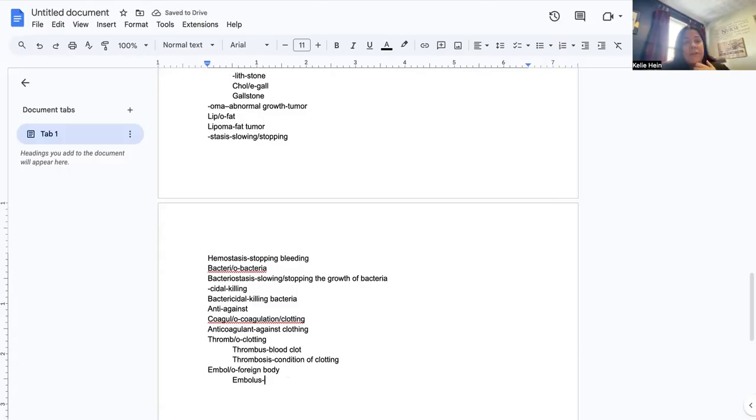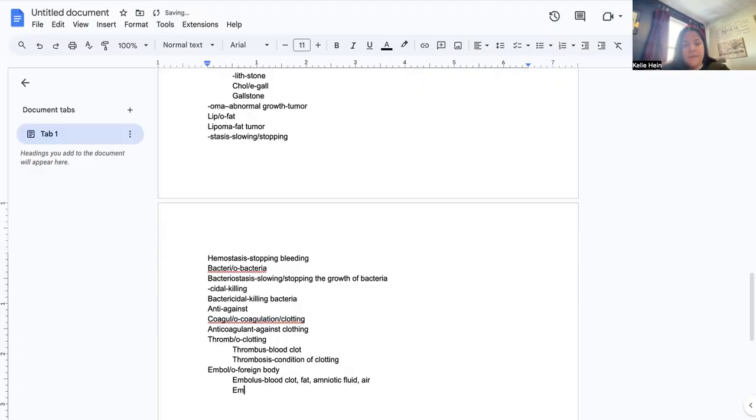So if you have a DVT, a clot in your lower leg, and it breaks free and travels to your lungs, for instance, okay? If it's traveling, it's an embolus. It can be a blood clot, but it can also be fat, a fat embolus. It can be amniotic fluid. It can be air, okay? Anything that's not supposed to be in that blood vessel.